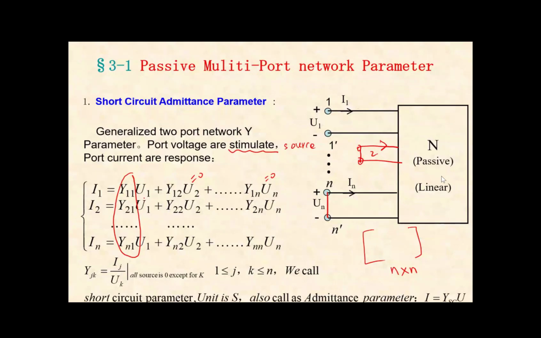And I1 over U1 is Y11. I2 over U1 is Y21. Add U1 only here, calculate I1, I2 to IN, and then divide I1, I2 to IN by U1.